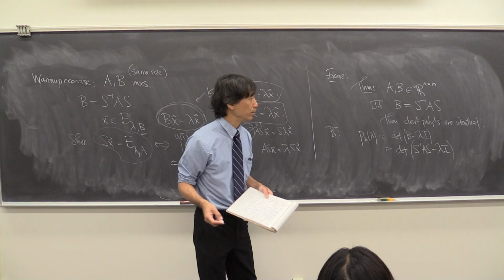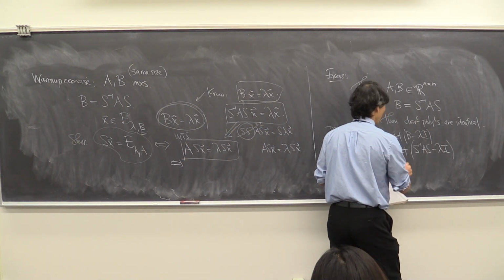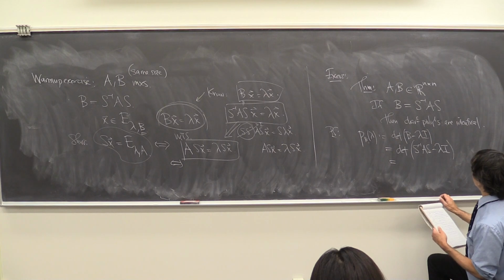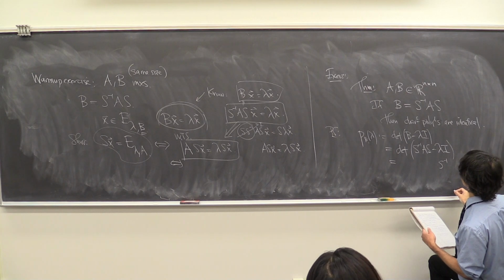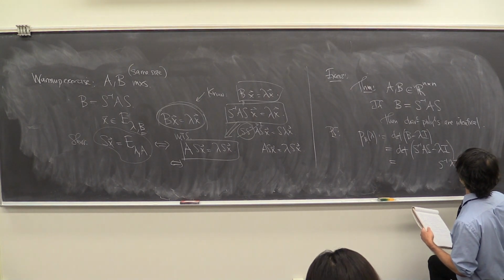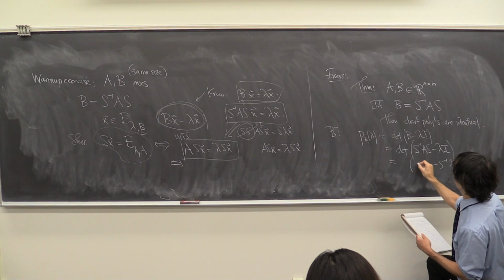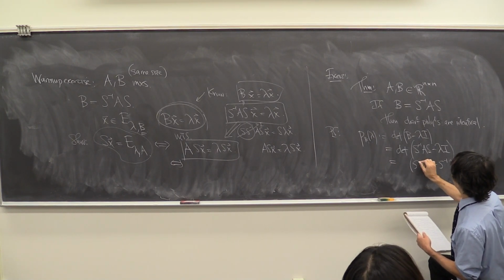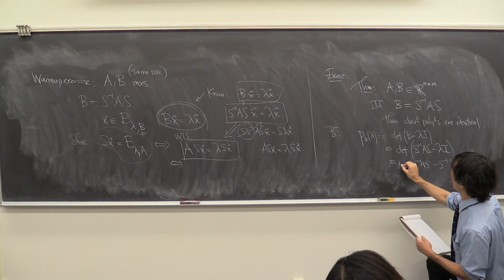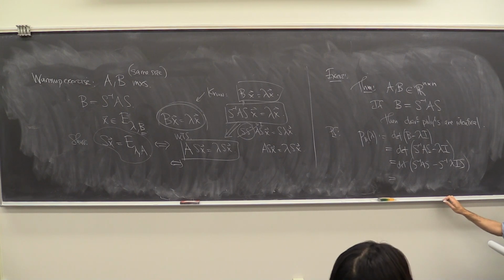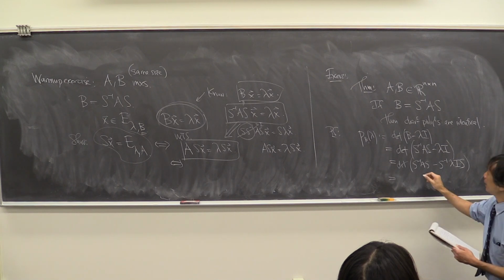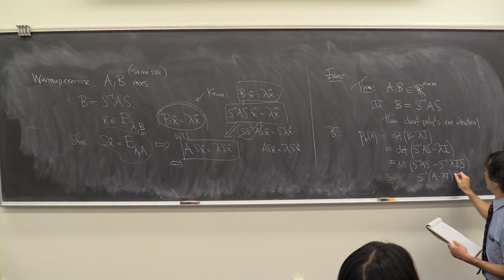So we want to relate this back to A, and we do something funny at this point, which is we rewrite the I as S inverse lambda I S. So we just do some algebraic trickery. Okay, and then you rewrite it again, S inverse A minus lambda I S.